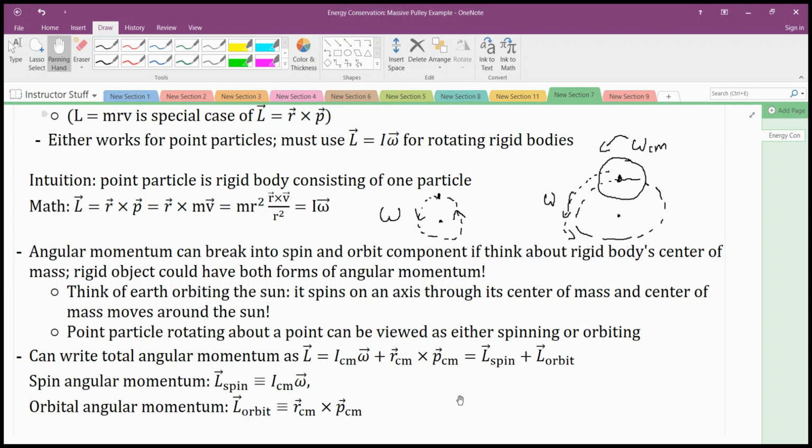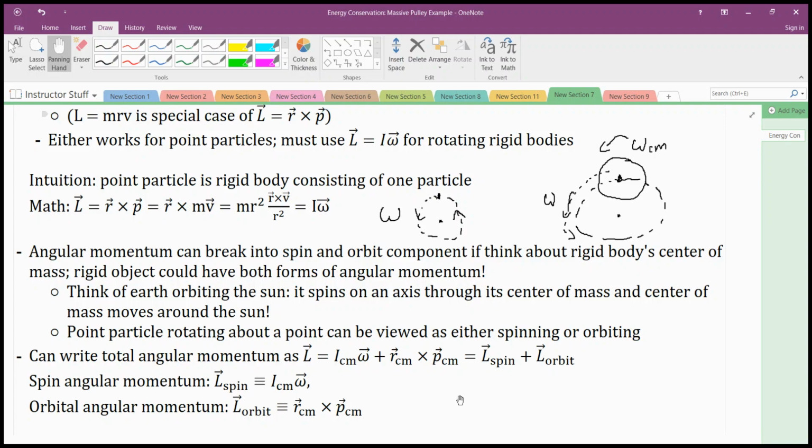Nevertheless, the rules still follow that we spoke of before. For point particles, you can use either I omega or r cross p to calculate its angular momentum. And for rigid bodies, you can use I omega to calculate its angular momentum, but you cannot use r cross p.